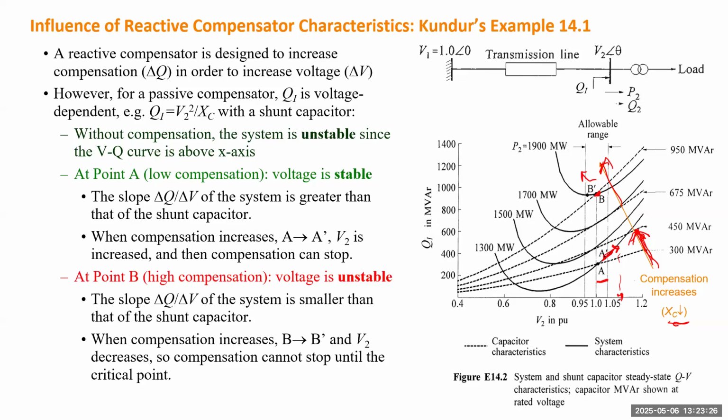So at point B, the voltage will be unstable because the slope of the VQ curve is actually smaller than the slope for the capacitor. So the system will be unstable. And such control cannot stop, because the controller believes that is still the right direction to go, but finally it didn't increase the voltage. The voltage further decreased. So eventually it will reach the critical point to collapse.